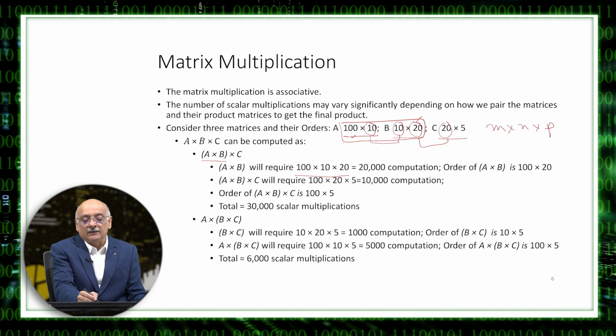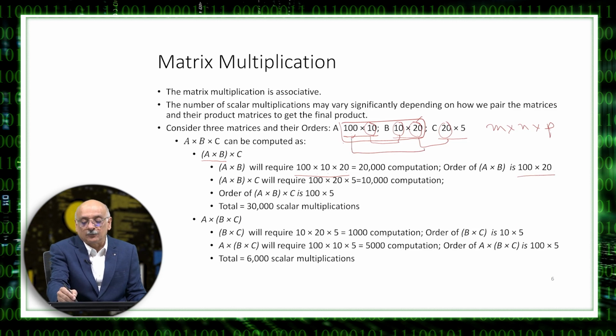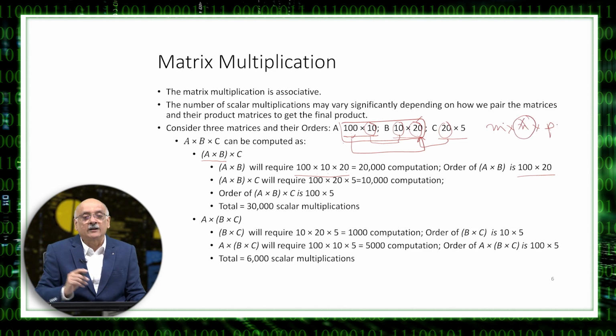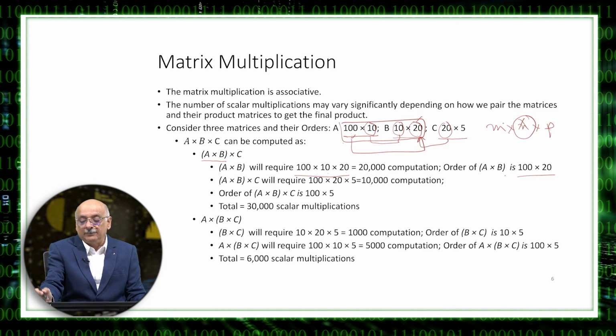So we require 100 into 10 into 20, which is 20,000 multiplications. The order of A multiplied by B is going to be 100 into 20, the first and last elements, M into P. So this is the order of the resultant matrix AB.